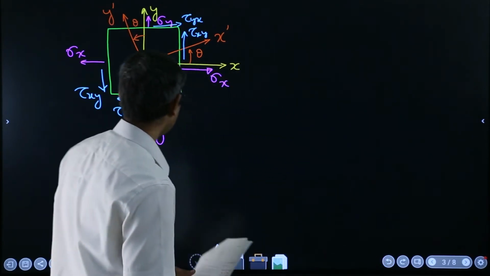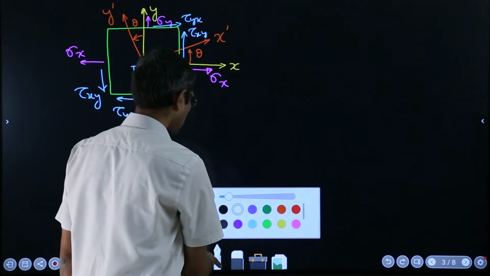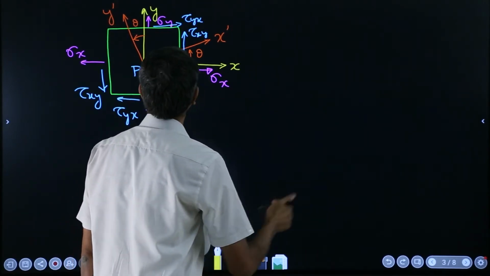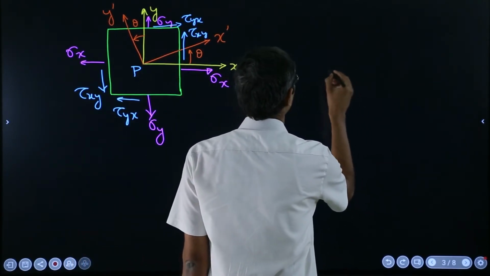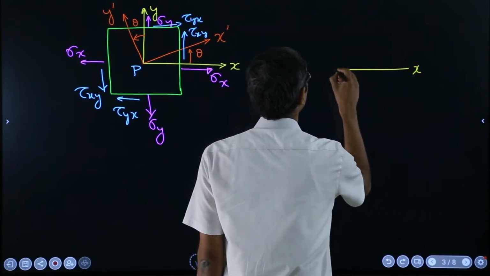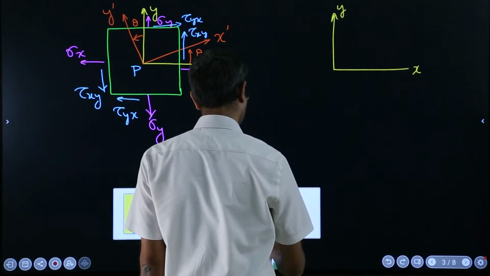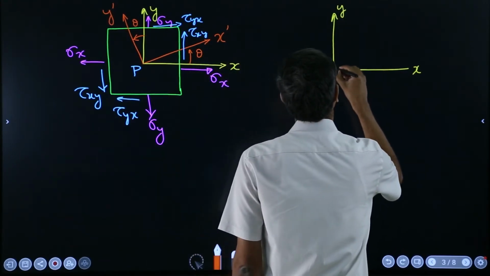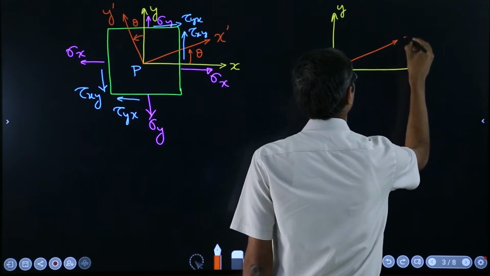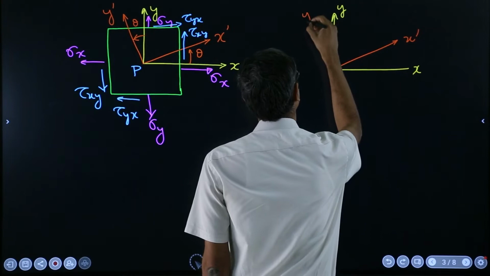So, instead of that, I will draw it in a different picture, where again I will show the same coordinates: this is x, this is y, this is x prime and this is y prime.